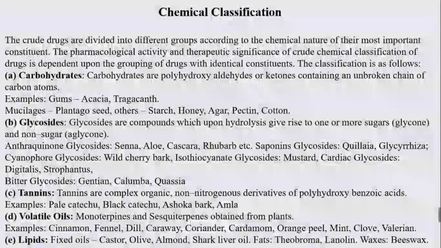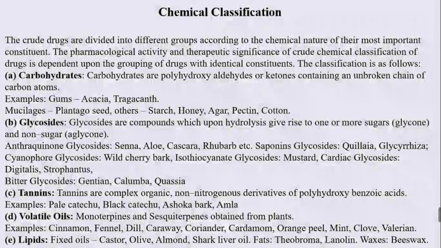Next, we have the class of tannins. These are complex organic non-nitrogenous derivatives of polyhydroxybenzoic acid. Examples are pale catechu, black catechu, ashoka bark and amla. Next, the volatile oils, such as sesquiterpenes and monoterpenes. We have different terpenes with their examples, such as cinnamon, fennel, dill, caraway, coriander, cardamom, orange peel, mint, clove and valerian.